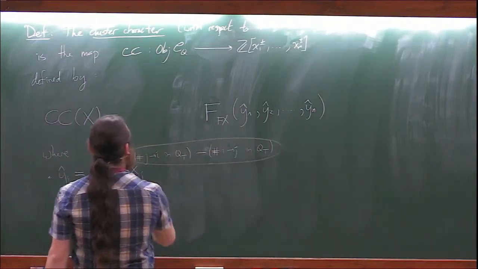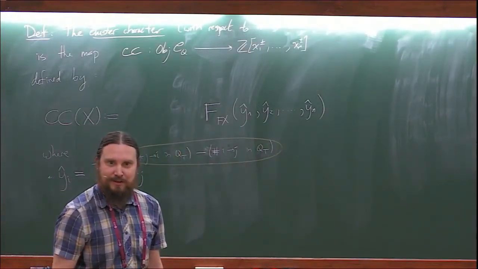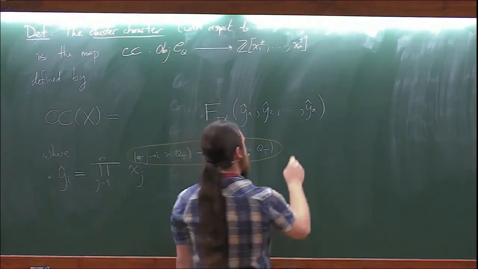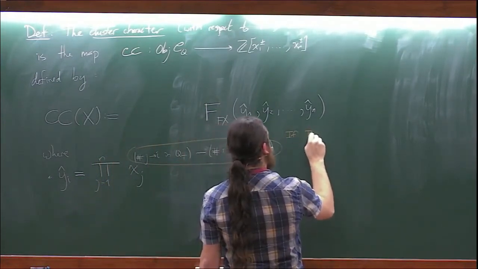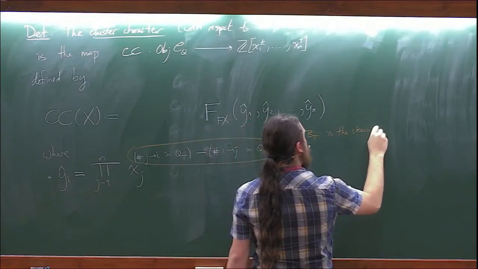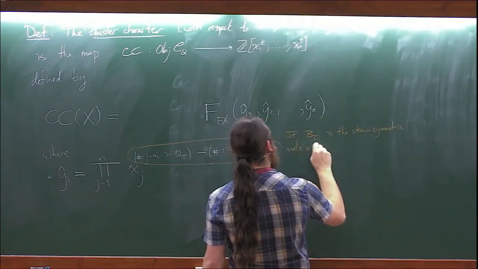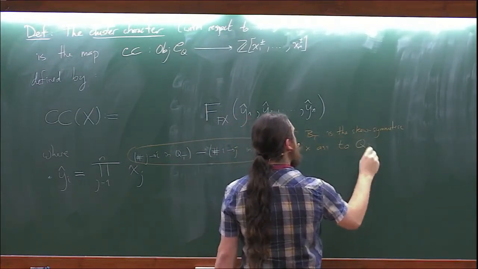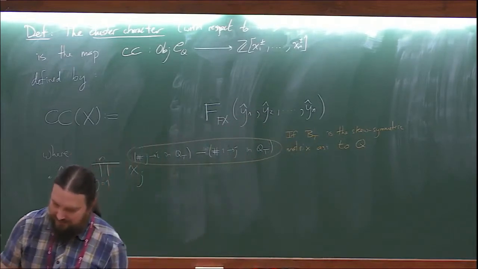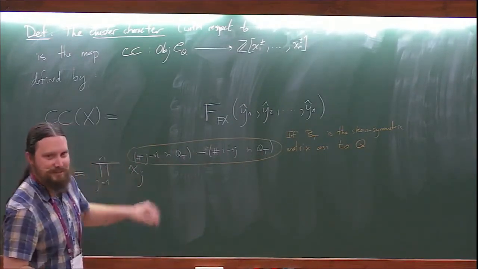This thing here, if you were to define the skew-symmetric matrix associated to Q, so if B_T is the skew-symmetric matrix associated to Q, its entry ij is the number of arrows from i to j minus the number of arrows from j to i. That's precisely this.